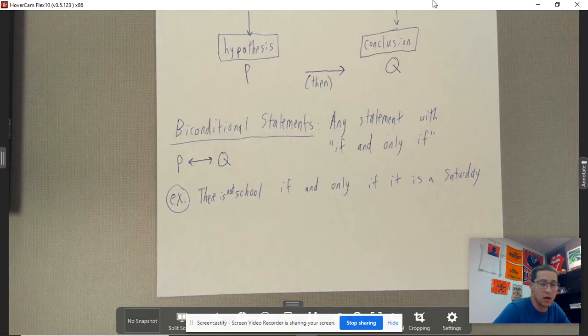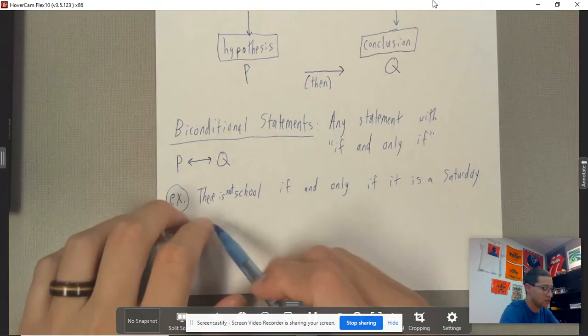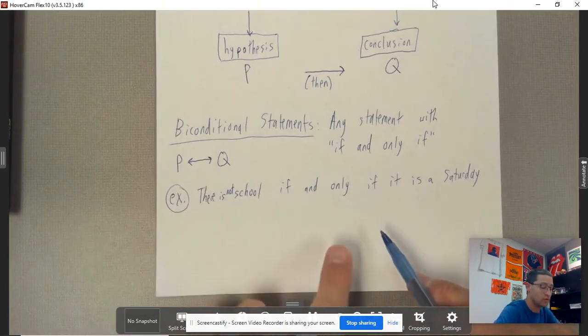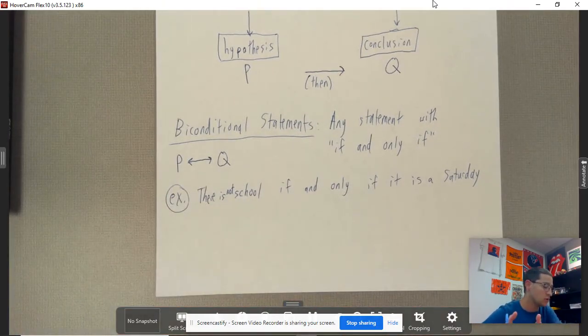But with a biconditional statement, it goes both ways. So it goes if there is not school, then it is a Saturday, but it's also saying if it is a Saturday, then there is not school. So it has to be true both ways. It's as if you were to rewrite it as the original and the converse, and you're determining whether or not that's true.